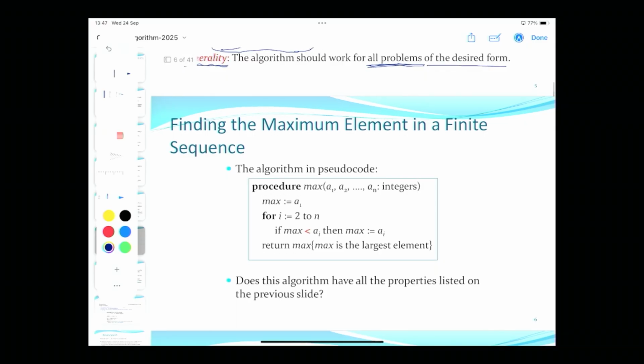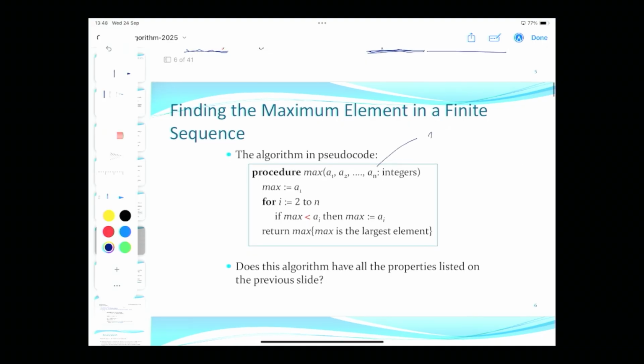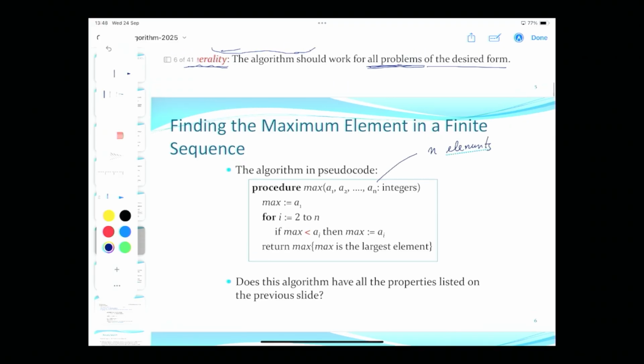Let's see an example of an algorithm here, which is shown as pseudocode. This is just to find a maximum number in an integer list when we have n elements, A1, A2 up to AN.